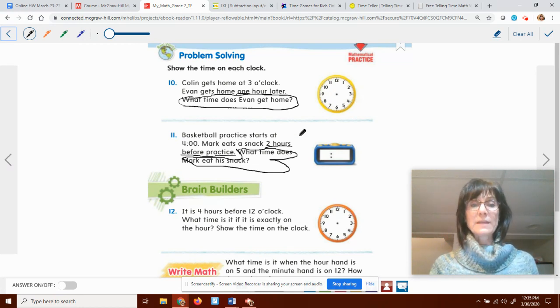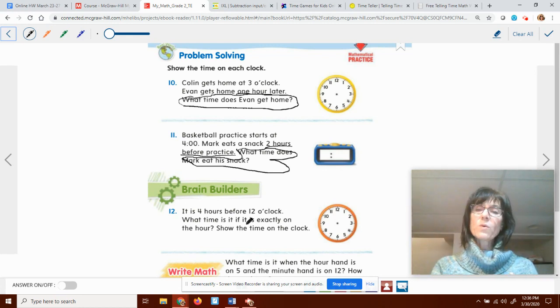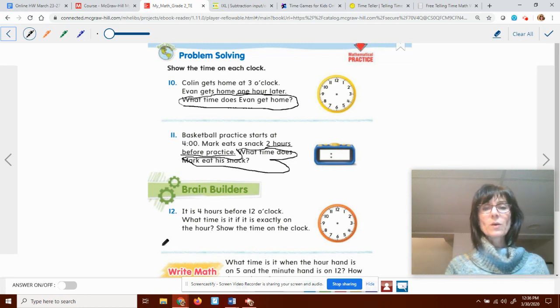What would that be? My brain builder: it is 4 hours before 12 o'clock. What time is it if it is exactly on the hour? So when they ask about before, we're subtracting. We have to go back. So show on this clock what the time would be.